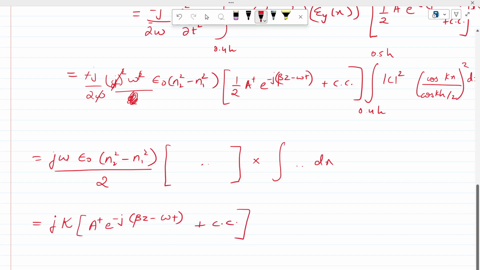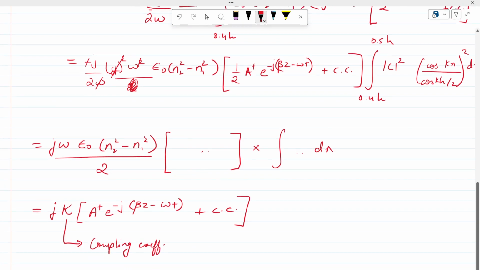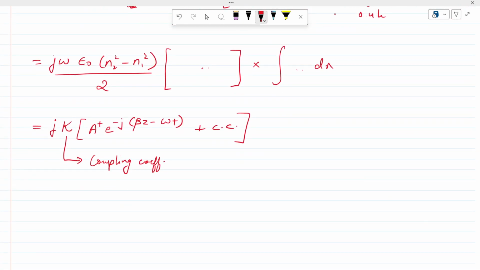So I took all these constants and the integral into the coupling constant. This is called the coupling coefficient, kappa. And how do I define it?